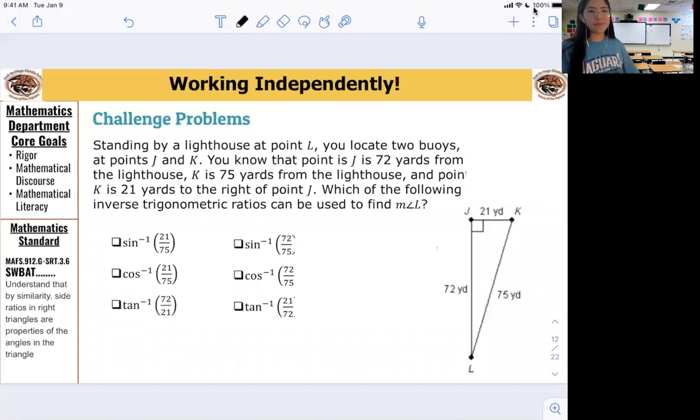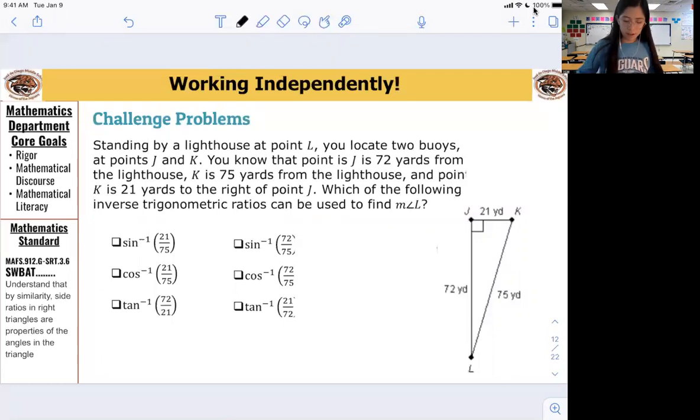At points J and K, you know that point J is 72 yards from the lighthouse and K is 75 from the lighthouse, and point K is 21 yards to the right of point J. Which of the following inverse trigonometric ratios can be used to find angle L?